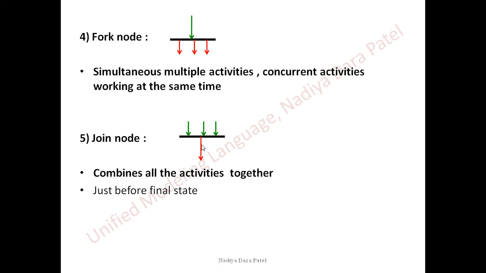If joining them together does not come immediately after that, say for example, after calculating total we are doing something, after calculating tax we are performing something, after giving discount we are doing something, then you cannot make use of a join node immediately. So one simple thing to do is place your merge and join nodes just before the final state. That can be simple.